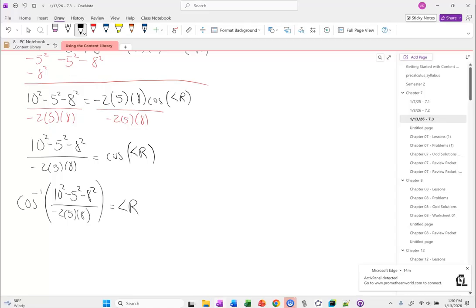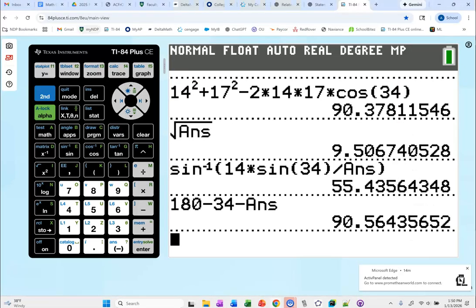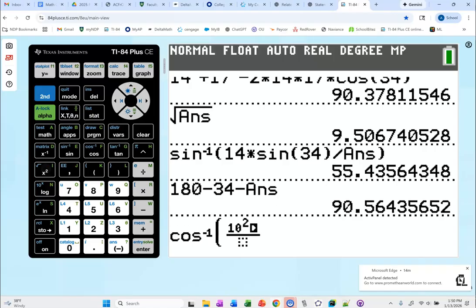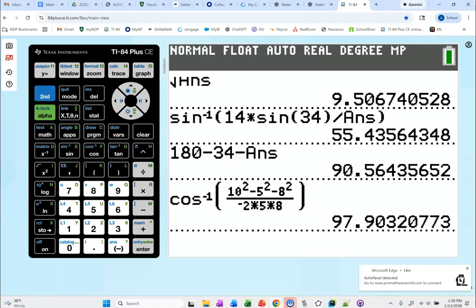Now that's calculator time. So cosine inverse. I've got to be real careful here because of the fraction, so I'm going to use that horizontal fraction bar. So I get 97.9.